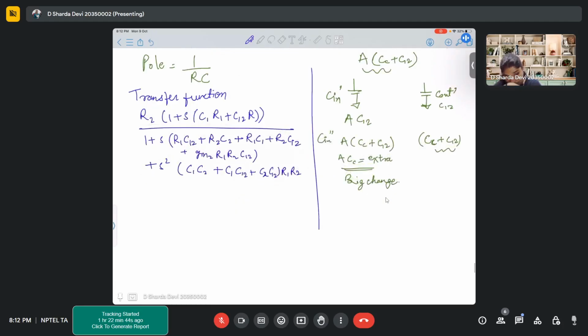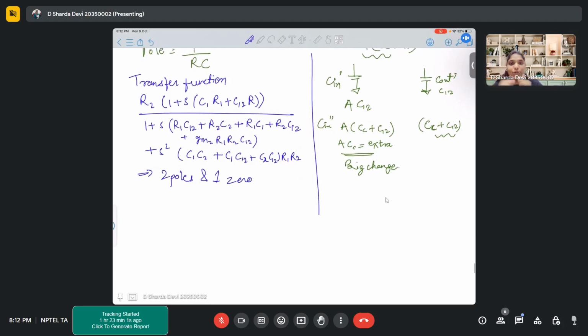This is the transfer function that you get. From here, it is clearly observed that you have two poles and one zero.